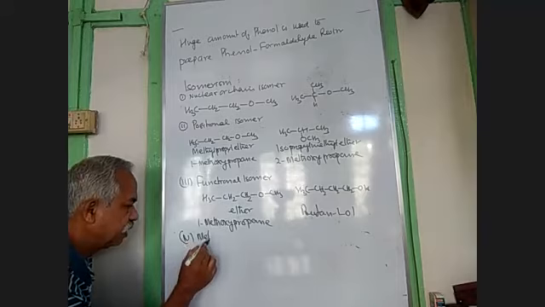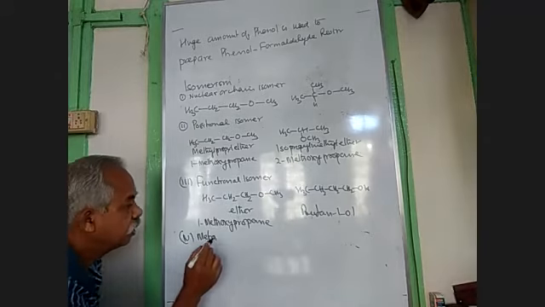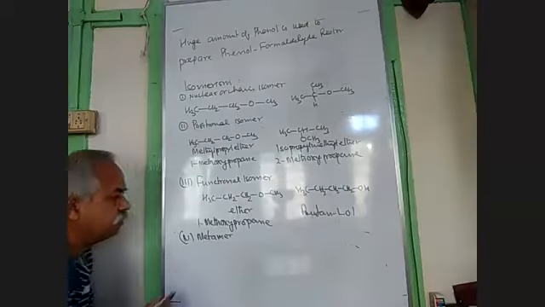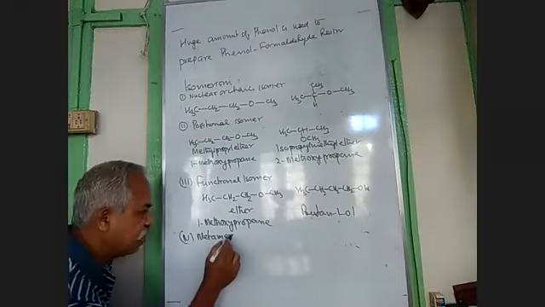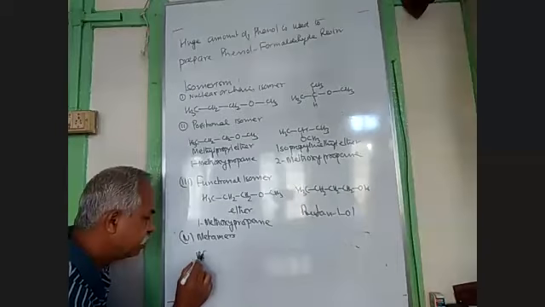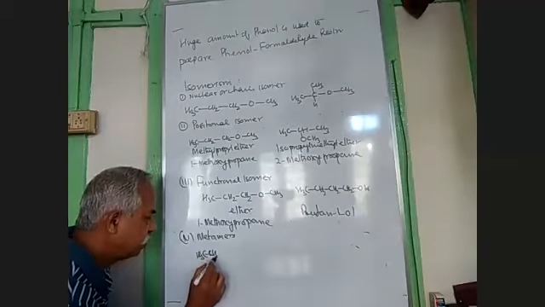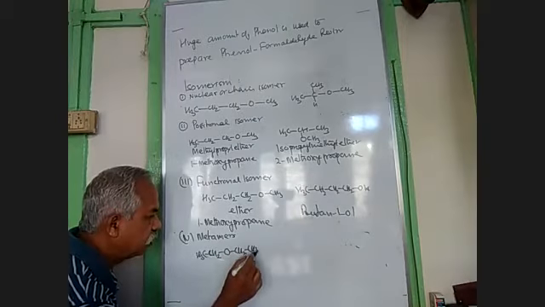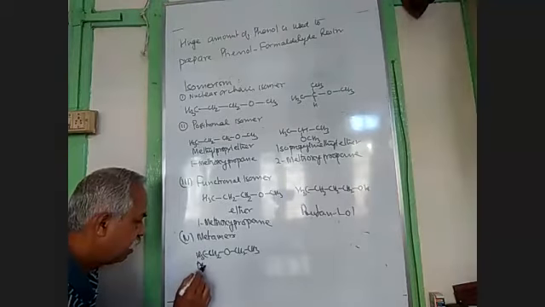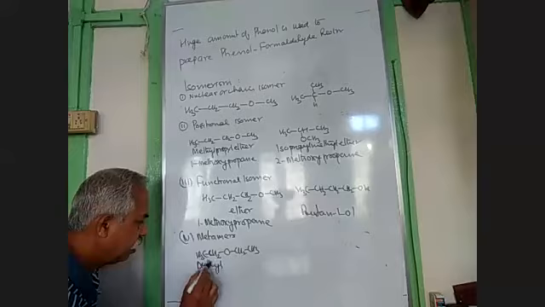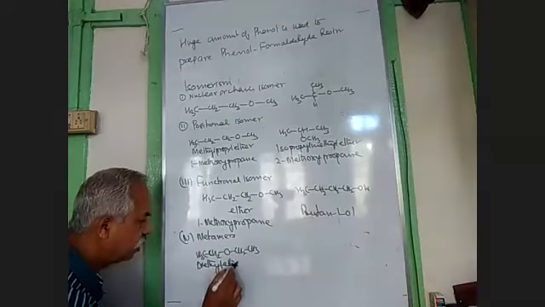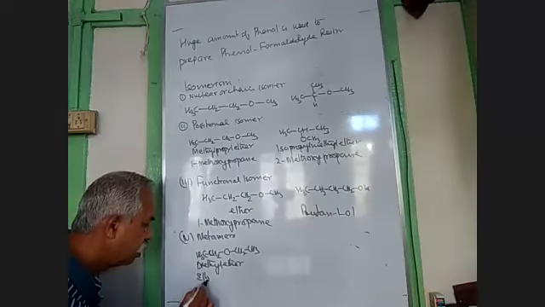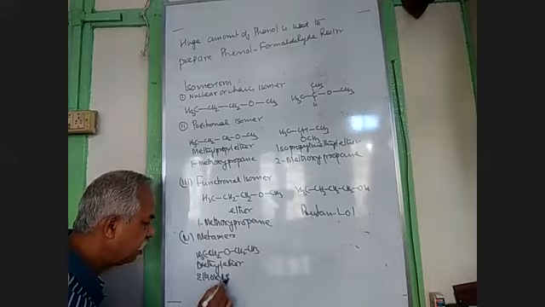Then metamer. Metamerism is shown specially by ethers. Suppose I have taken CH3CH2OCH2CH3. It is diethyl ether, or ethoxyethane.